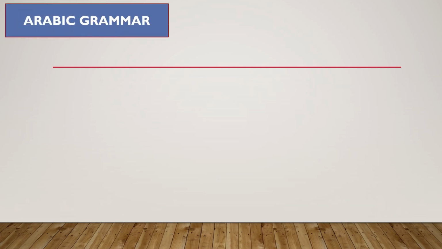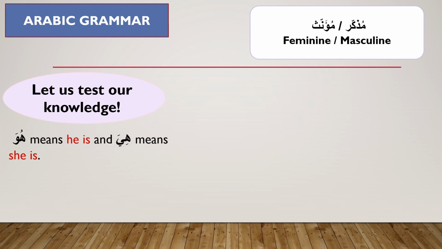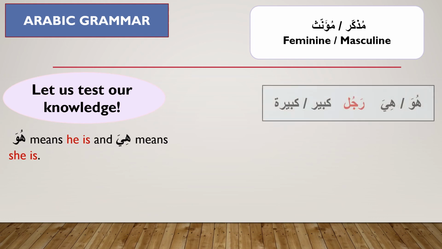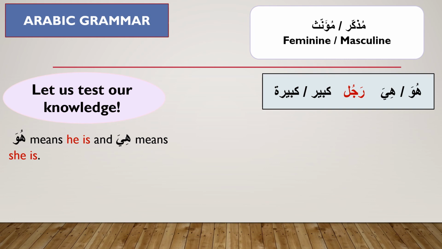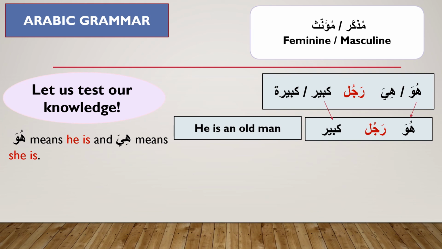Let's do more practice. هو means he is, and هي means she is. Look at the noun رجل, which means a man. It's a masculine noun, so we choose هو. هو رجل كبير. He is an old man.